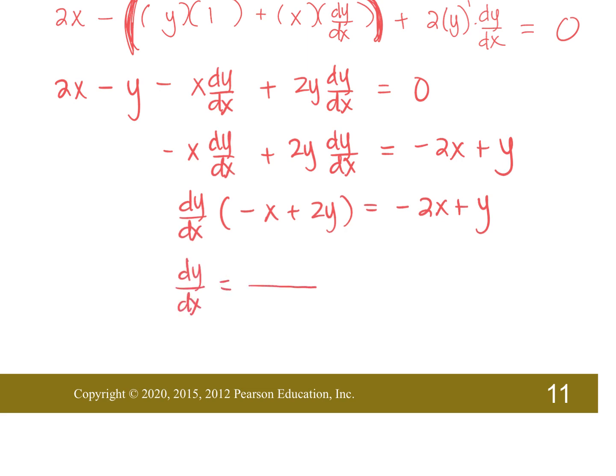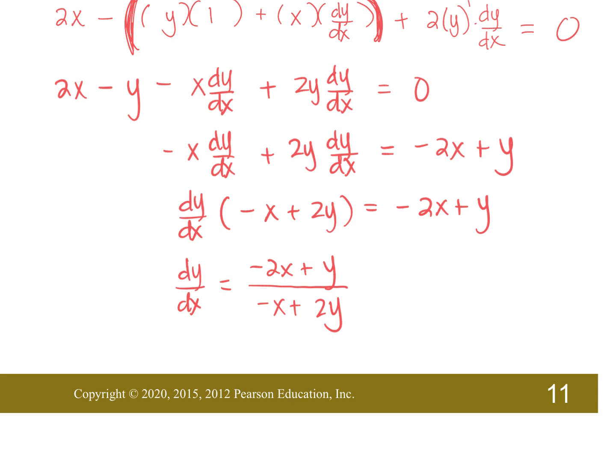So the division will turn into negative 2x plus y in the numerator, negative 1x plus 2y in the denominator. Those negatives don't reduce because they don't factor. They can't reduce if they didn't factor out. The 2's don't reduce because they don't factor. The y's don't reduce because they don't factor. You can't reduce without factoring.